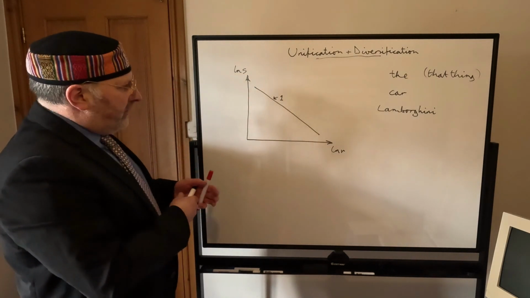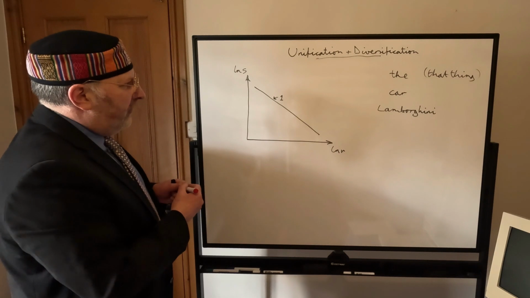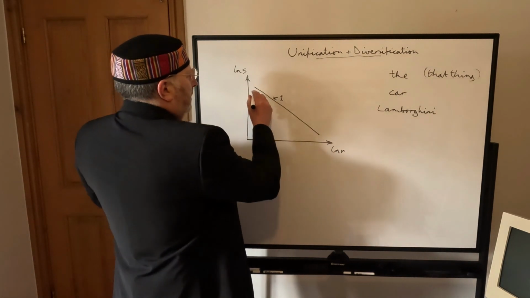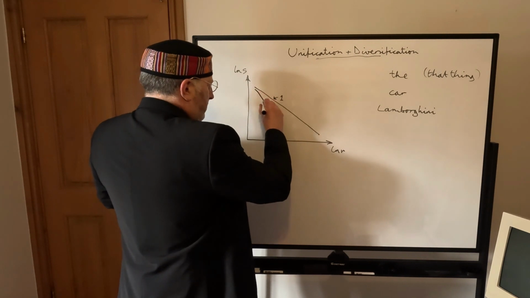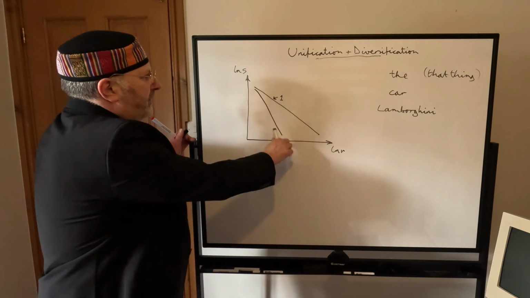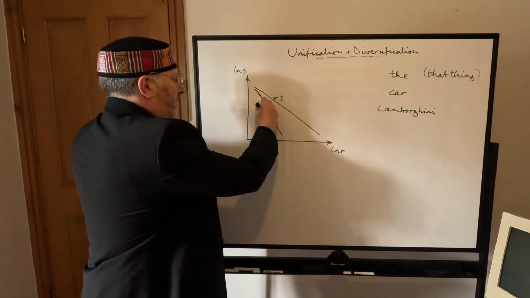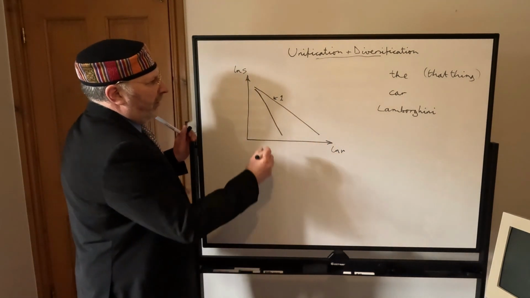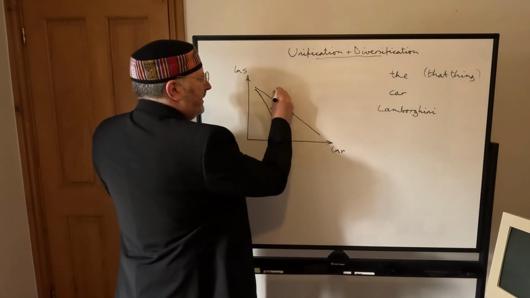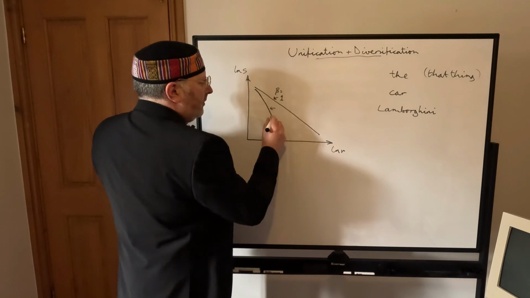And then Zipf said, what happens if the slope is less than 1? Greater than 1, let's do first. So it's a steeper slope. Here, I'll put that's beta, the slope. Beta equals 1.